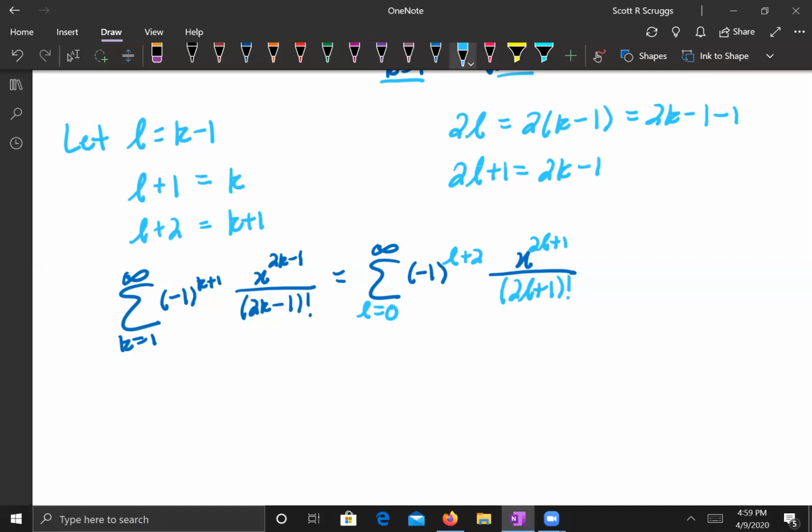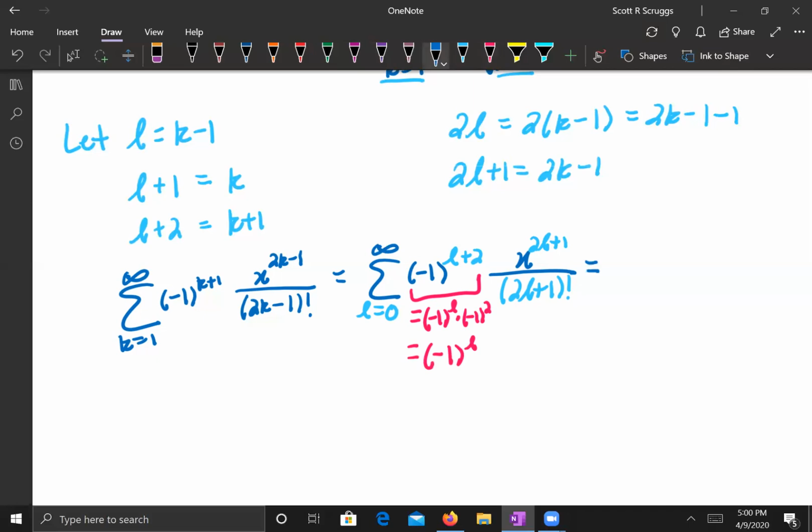And that plus 2 and a negative 1, I'm not worried about it because that's just negative 1 to the L power times negative 1 squared. But this negative 1 squared just gives me 1. That'll just become negative 1 to the L power.